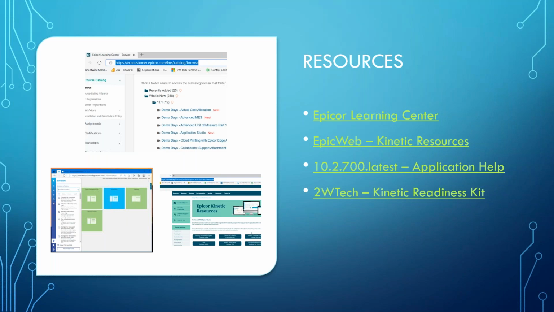And of course, if these resources aren't enough, we encourage you to reach out to 2W Technologies and ask about our Kinetic Readiness Kit, which is a package of consulting services that we've designed to help our customers prepare for and make the transition to Kinetic 2021.